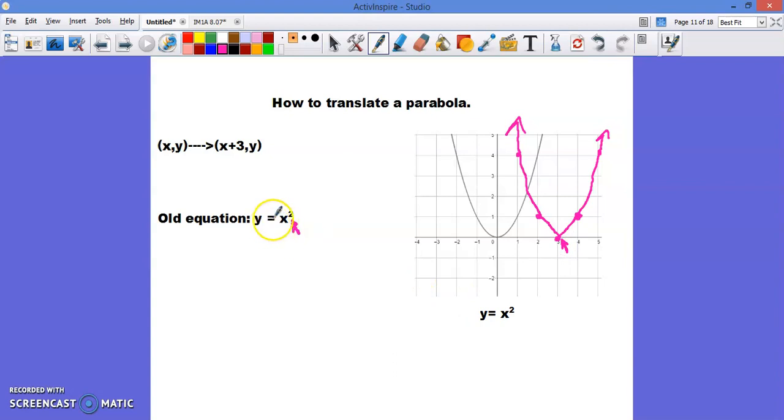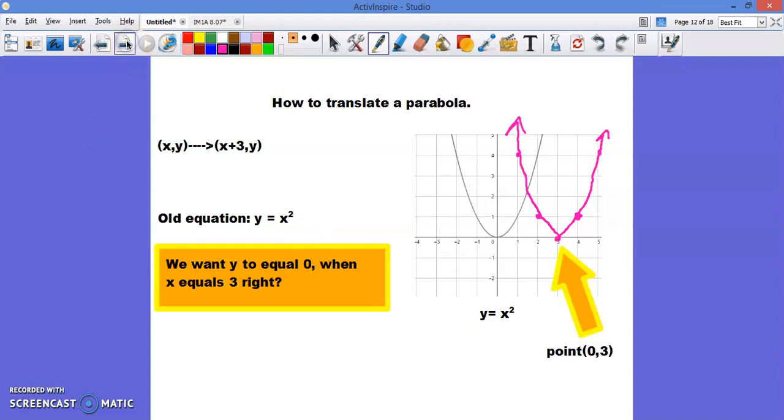So we need to change this equation some way, so that whenever we square this value of x, it's going to equal 0. And we know that the only thing times itself that equals 0 would be 0 itself, right? So we need to somehow find a way to cancel that x out. Well, let's look at it.